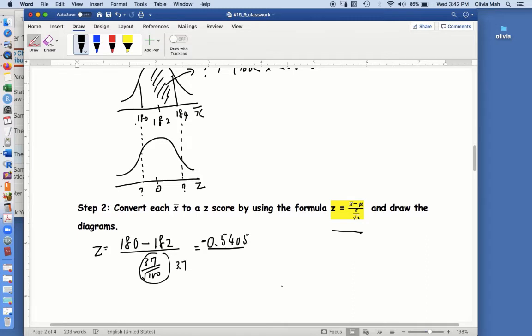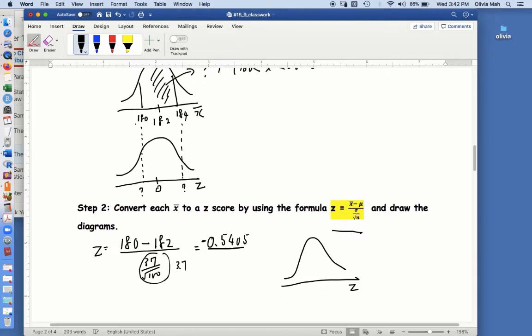Please also draw a diagram. Let's do a better job of the diagram. Let's do z here.